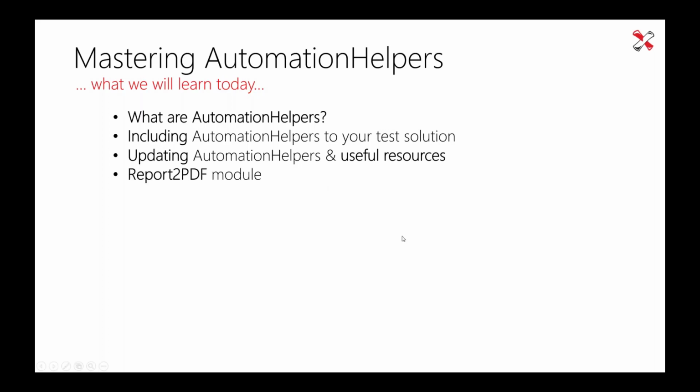Then we will have a look at some selected automation helpers modules. Namely, we will have a look at the report to PDF module. We will have a closer look at the useful email module. Then there are some automation helpers which help you to handle pop-ups which may occur during an automated test run.